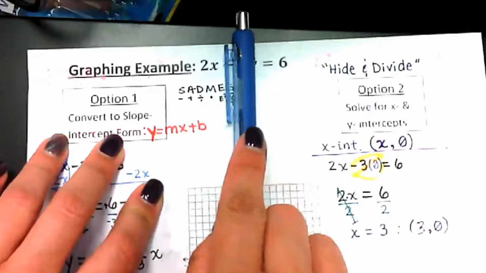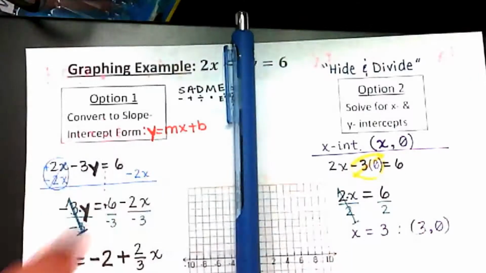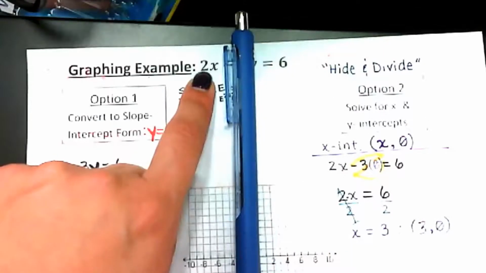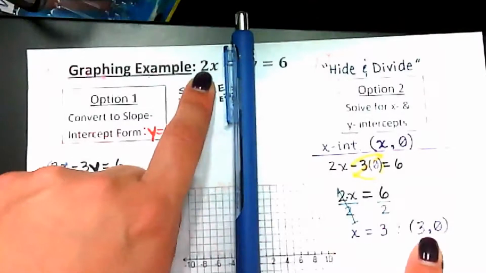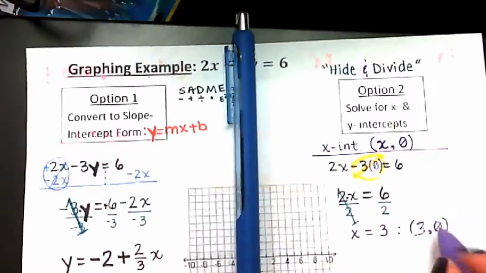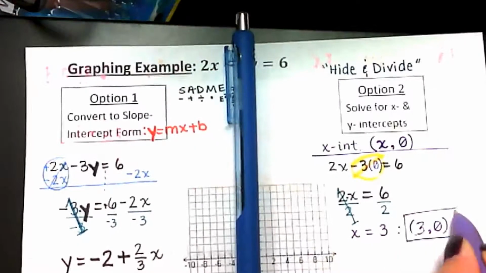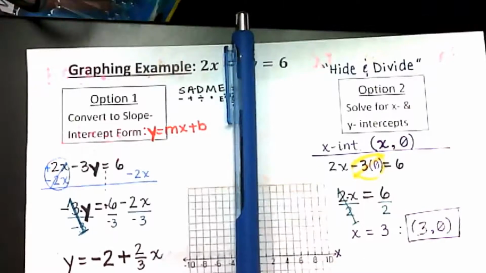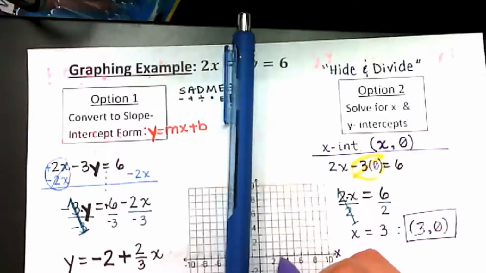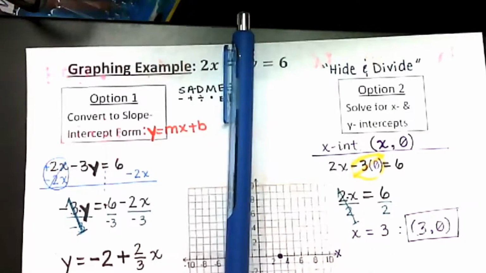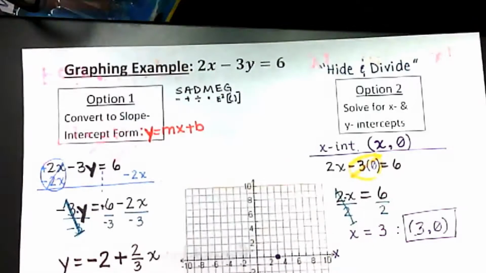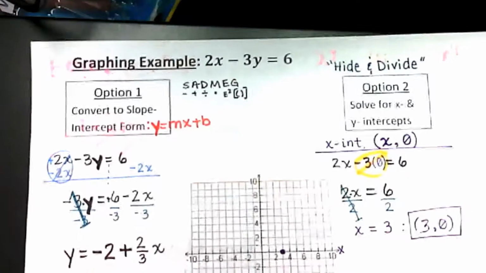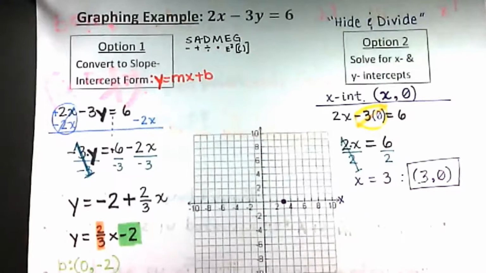So the hide and divide, if I want to find my x-intercept, I hide the opposite and I divide by my coefficient. And that makes it really easy. So I'm going to go ahead and plot on my x-axis 1, 2, 3, 0. Beautiful. Okay, well, scooch that up a little.